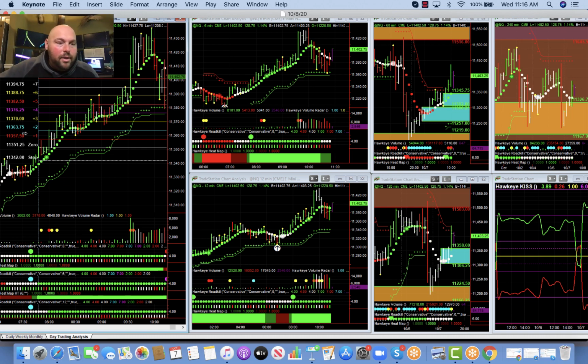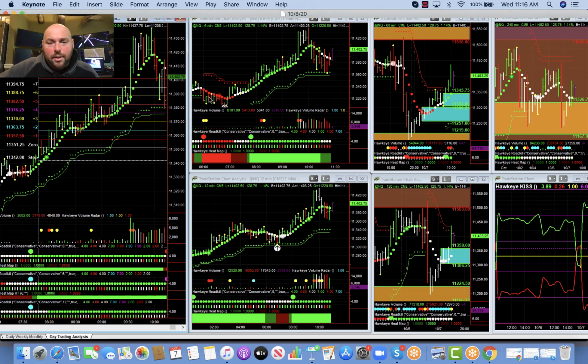Clearly my risk here for about 9 points was very minimal to my huge reward potential here. And as you can see, this trade just did exactly what it was meant to do, what it was intended to do. The indicators lined up.